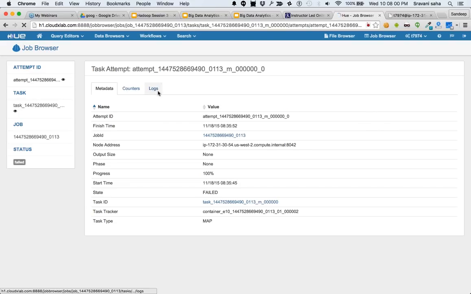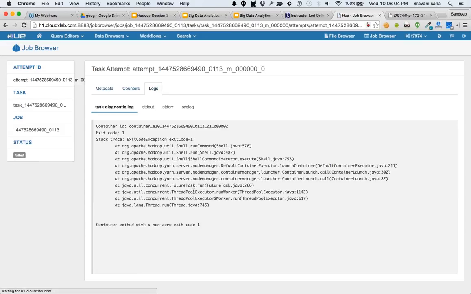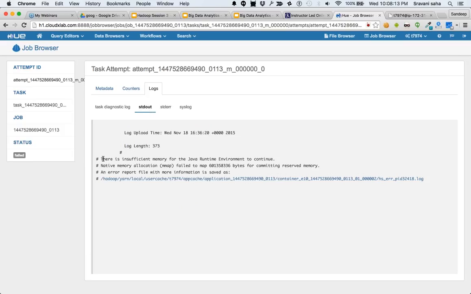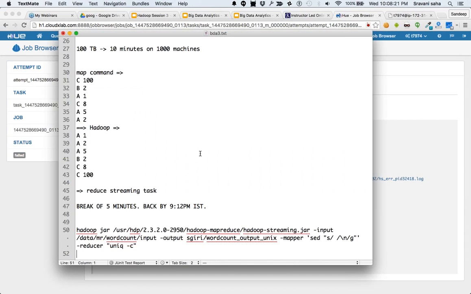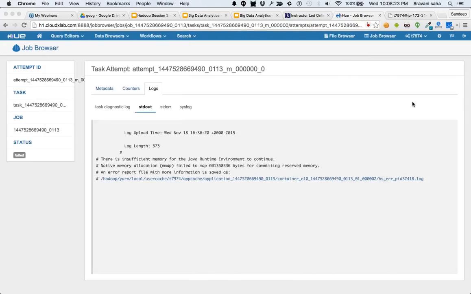You can see the logs, what exactly happened. It says that the run command has exited with insufficient memory. Great. All right, then see you tomorrow and have a great day.